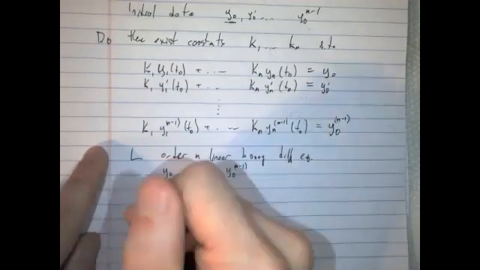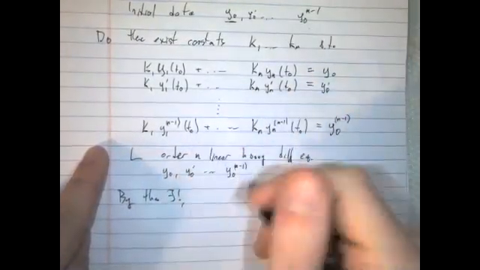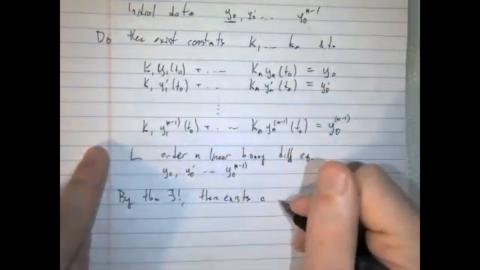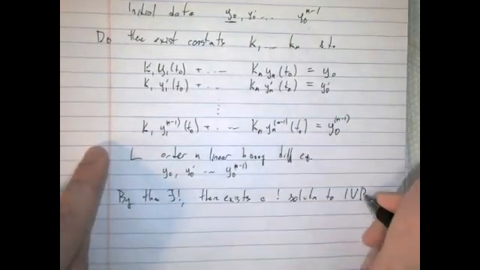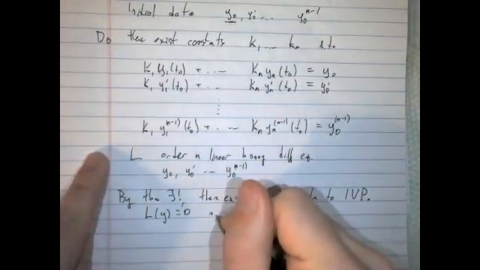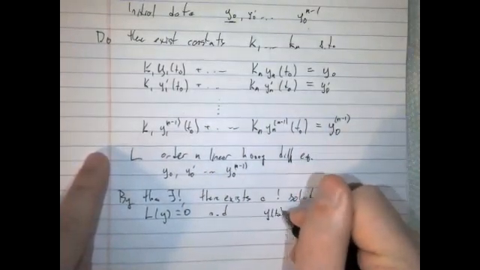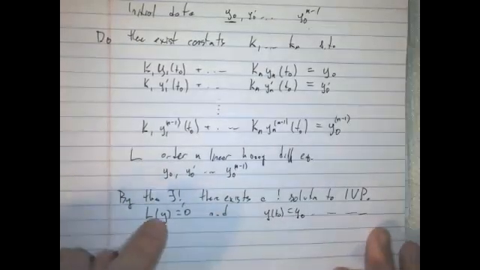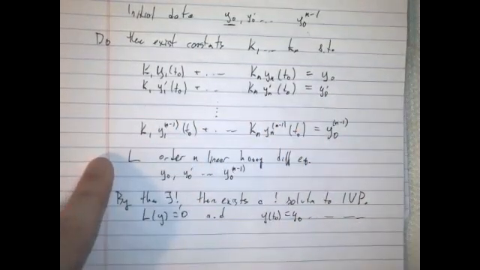Yes. So by the existence and uniqueness theorem, there exists a unique solution to this IVP. Namely, there's some function y such that L of y is equal to 0, and y of t0 is equal to y0, et cetera, right? So we know that some function y exists which satisfies this IVP by the existence and uniqueness theorem.